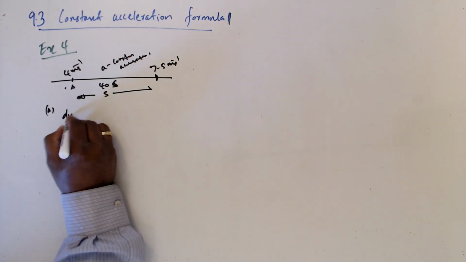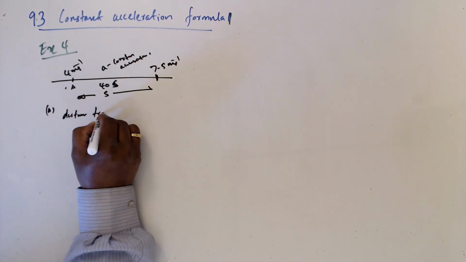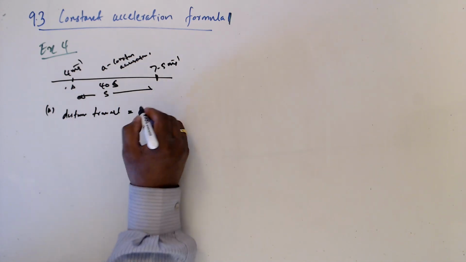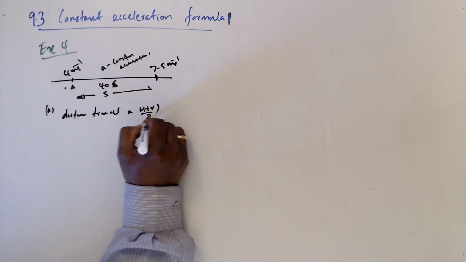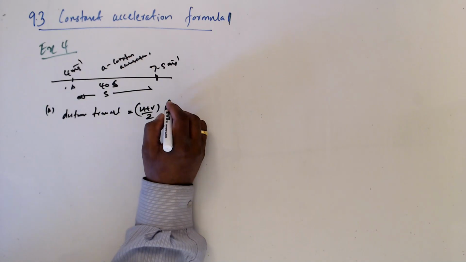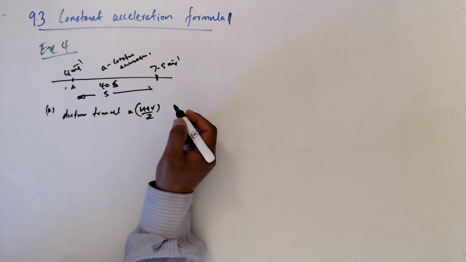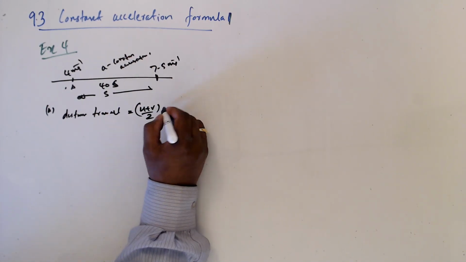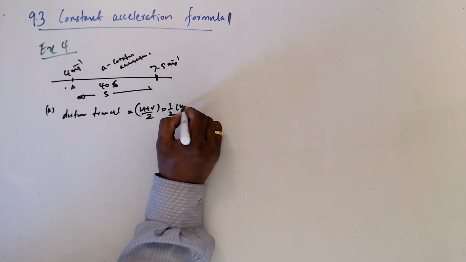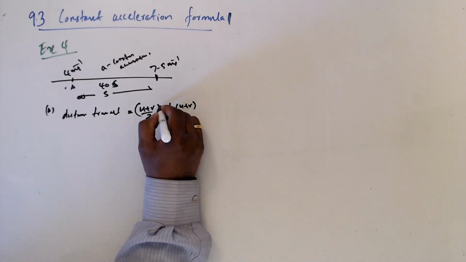So distance traveled is u plus v divided by 2, or half, times t. This is the same as half u plus v times t.